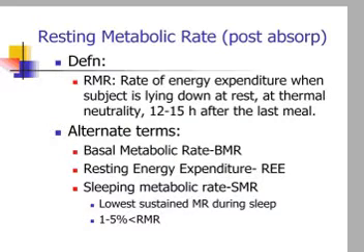As you're reading the literature, you may find this referred to as basal metabolic rate. That's the older term. Or resting energy expenditure, which the Europeans tend to use a lot more, or sleeping metabolic rate, which is now easily measured in many studies.